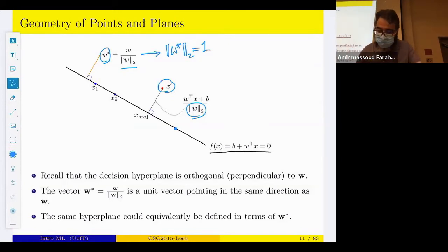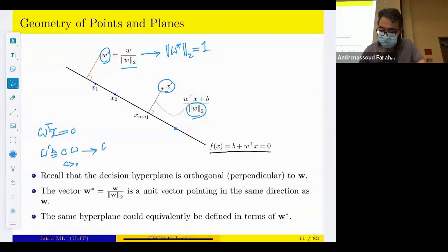So for example, consider w^T x = 0, which defines a hyperplane. I define c w^T x, with c a positive constant, equal to 0.